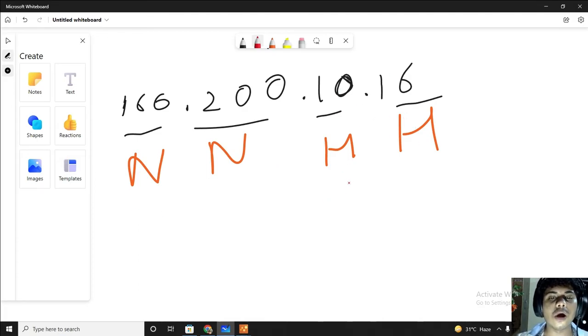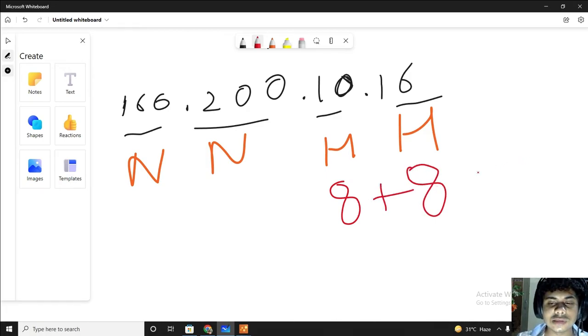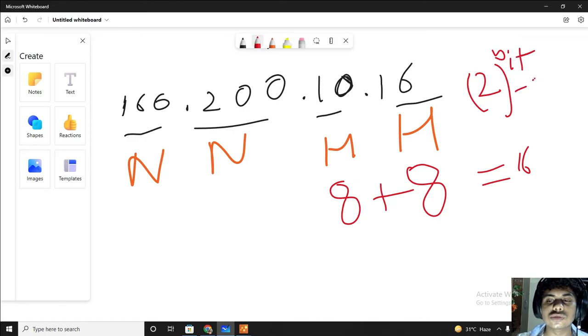How many bits are reserved for the host part? It is 8 bits, and in this case again 8 bits. So 8 plus 8 means 16. There is a formula: 2 to the power of the number of bits, minus 2.